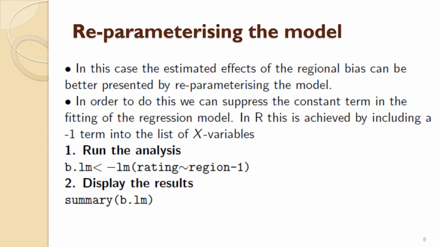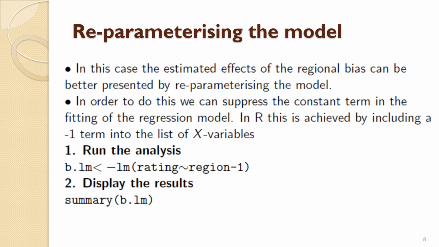It was sufficiently subtle to get past 2 professional statisticians. So in this case, the estimated effects of the regional bias can be better presented by reparameterizing the model, which is intended to emphasize this communication aspect of any maths and computing that you do.